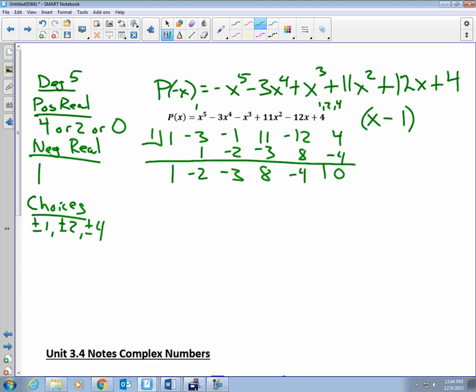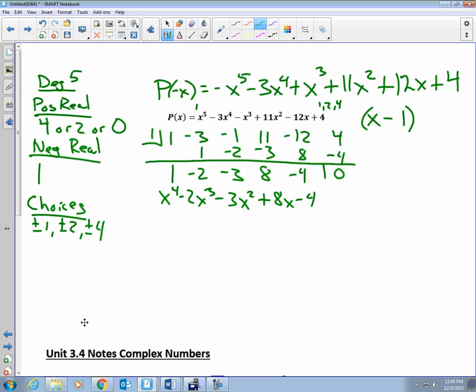Okay, so we get to try again. Is it possible one could work again? It is. So if we have x to the fourth minus 2x to the third minus 3x squared plus 8x minus 4, we could plug in 1 and see what we get again.